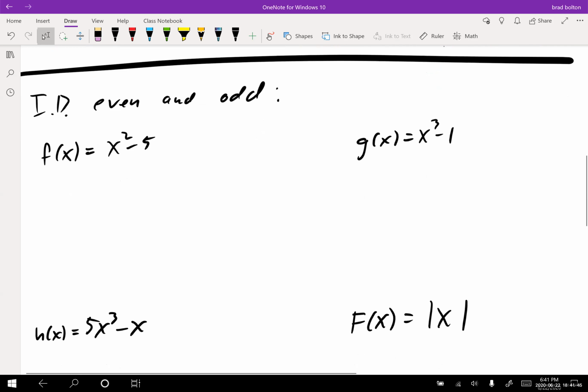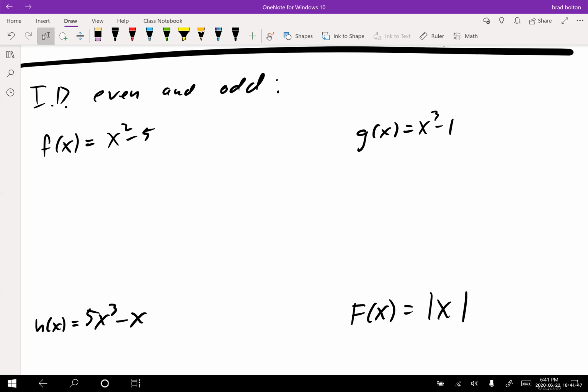Now, symmetry is really nice and easy to tell when something is even or odd. However, the calculation can be a little bit difficult, but I don't think it's too terrible. So let's look at this. The way that you determine an even or odd function, calculation-wise, is you do f of negative x, and you literally take negative x and plug it in.